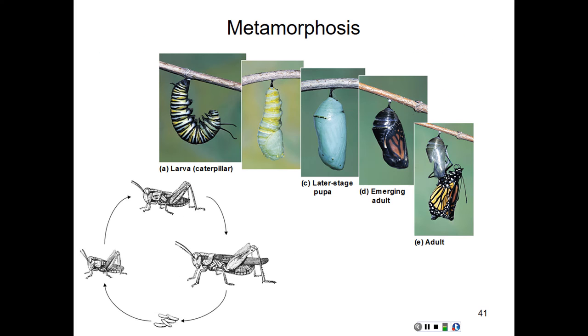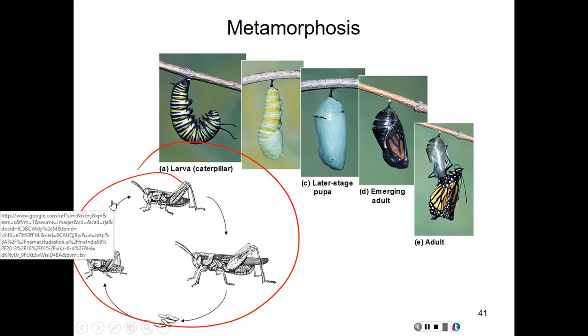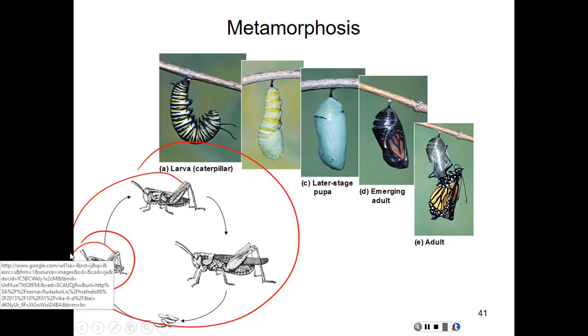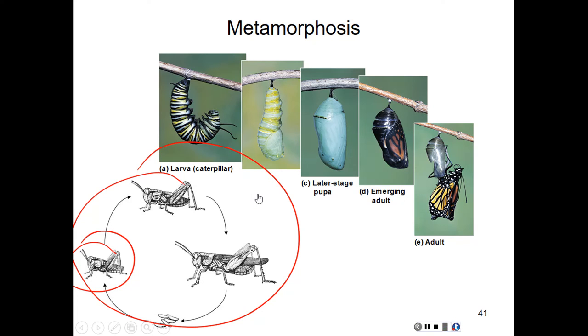In insects, we also see metamorphosis. And there are 2 general kinds of metamorphosis. We have what's called an incomplete metamorphosis, where an example would be a grasshopper, where the young immature organism looks like a smaller adult.